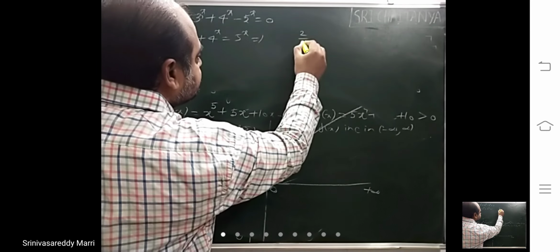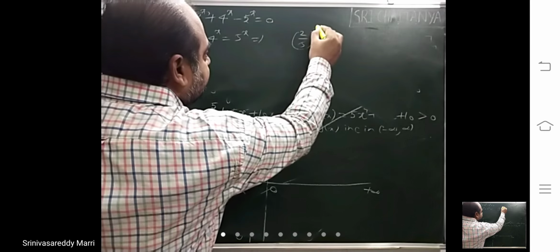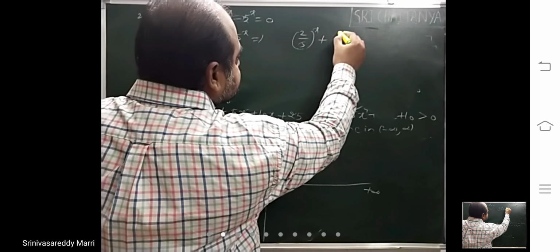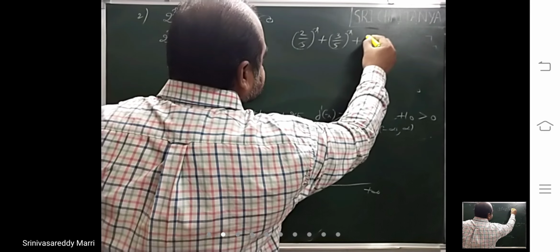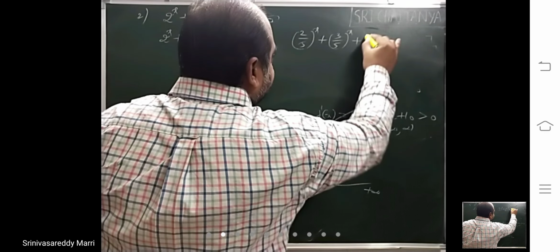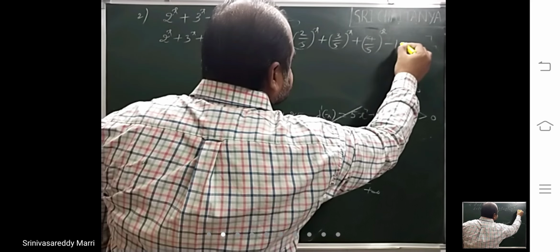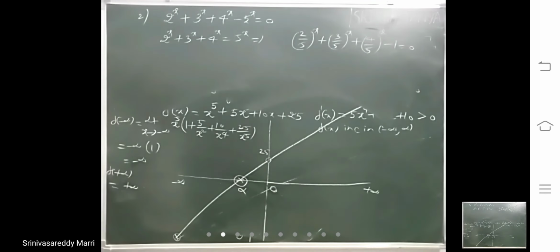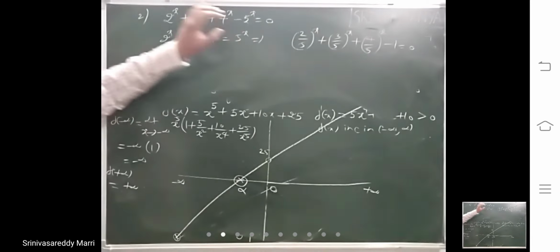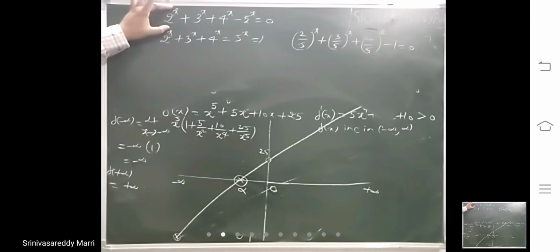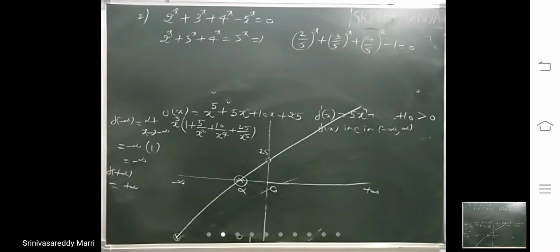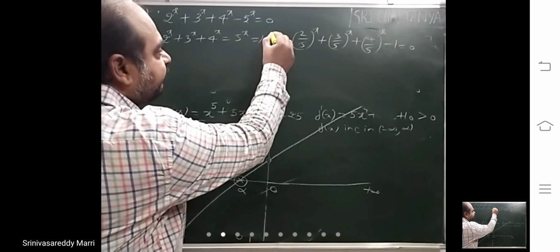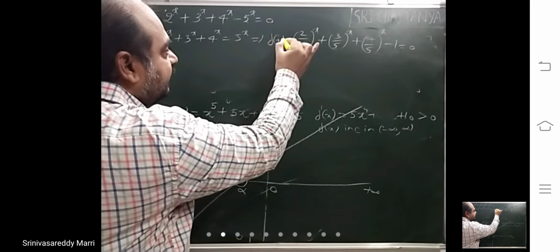That means 2 by 5 to the power x plus 3 by 5 to the power x plus 4 by 5 to the power x minus 1 equal to 0. This equation is the same as this equation, right? Now you have to find how many roots are there for this equation. Take this as f of x and construct the graph.